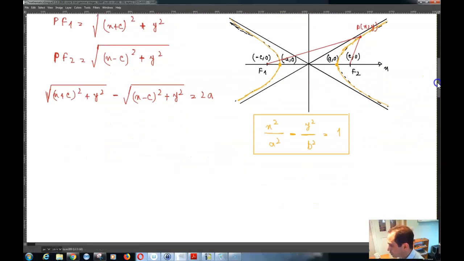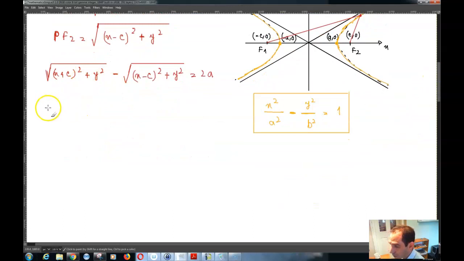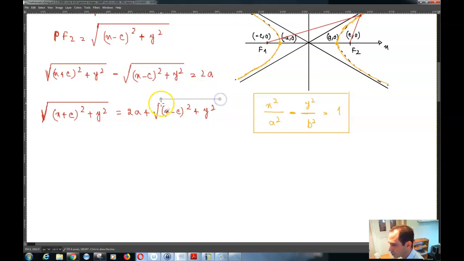Or I can write the square root of X plus C whole squared plus Y squared is equal to 2A plus, taking this to the other side, the square root of X minus C whole squared plus Y squared.